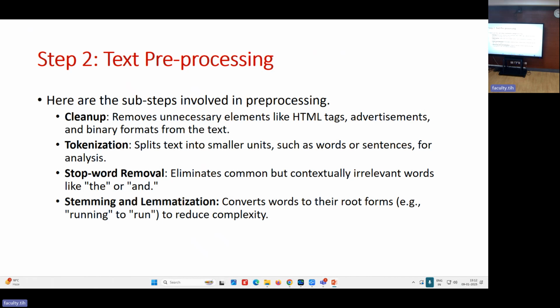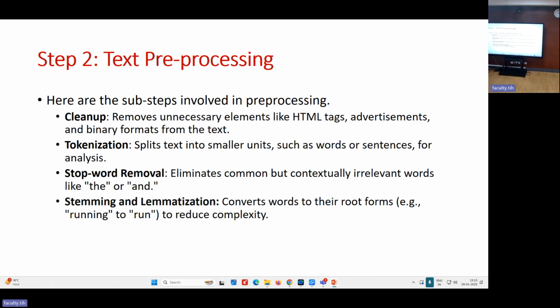Suppose some unnecessary tags are in your data, or some unnecessary information like advertisement information. If you would like to remove that, in that particular phase you can do that, right? So in the cleaning of the data, you are making your data relevant to you, right? You don't want unnecessary content in that. So that's why you are doing the cleaning up.